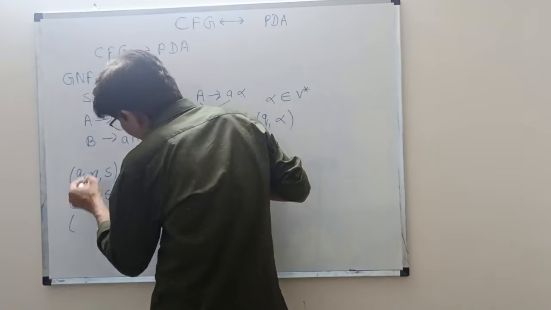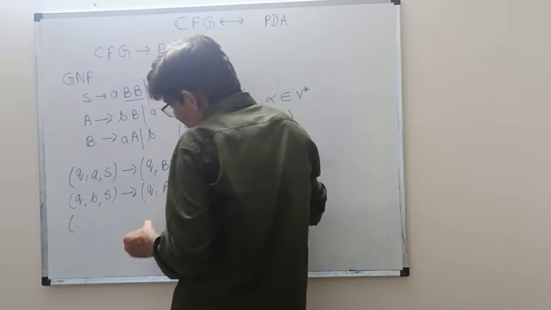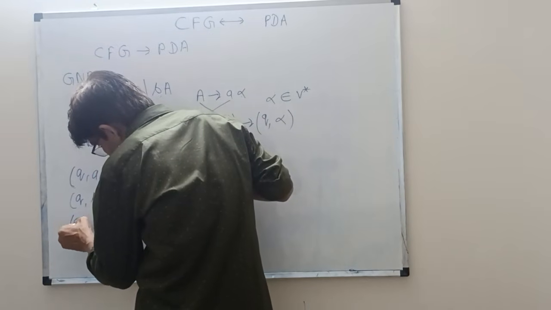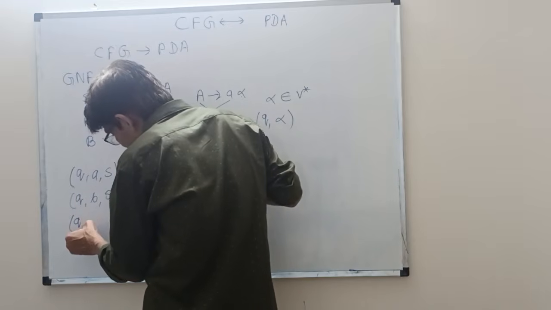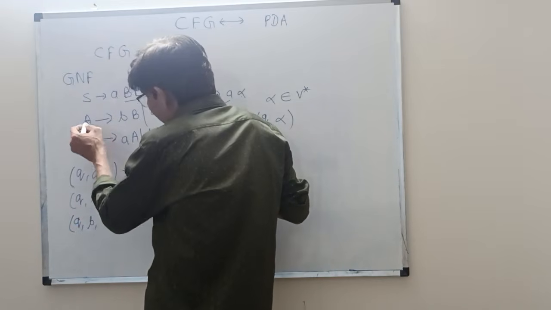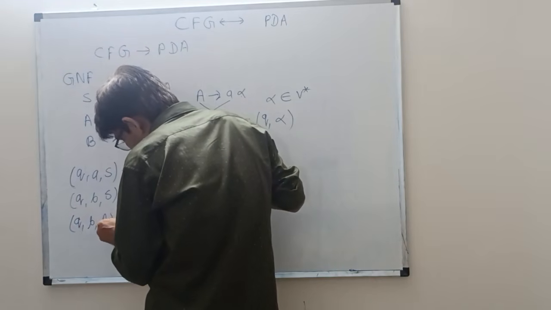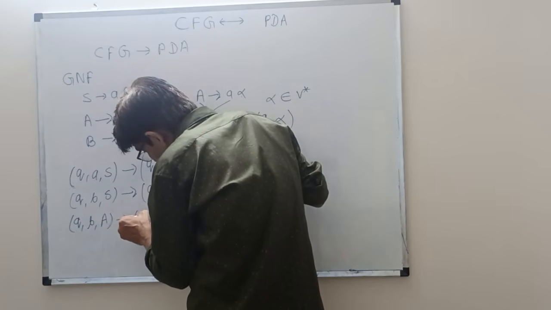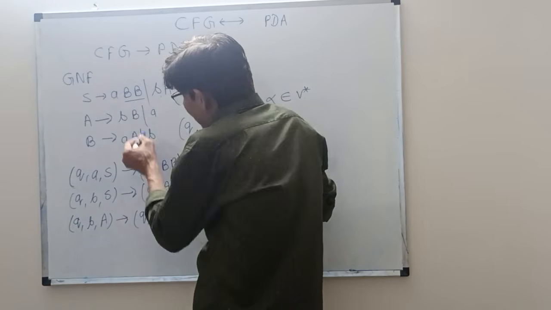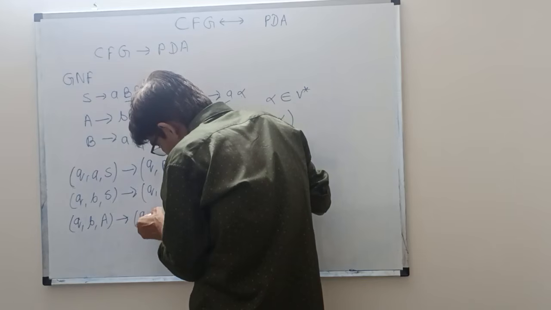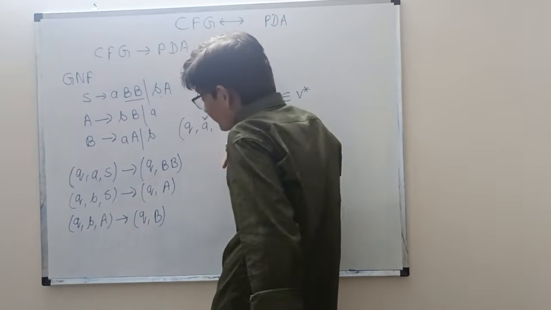Now I can convert all these productions also. I am in Q, I am reading B again, and this time the stack top is A. So I can stay in Q and push that B into the stack.